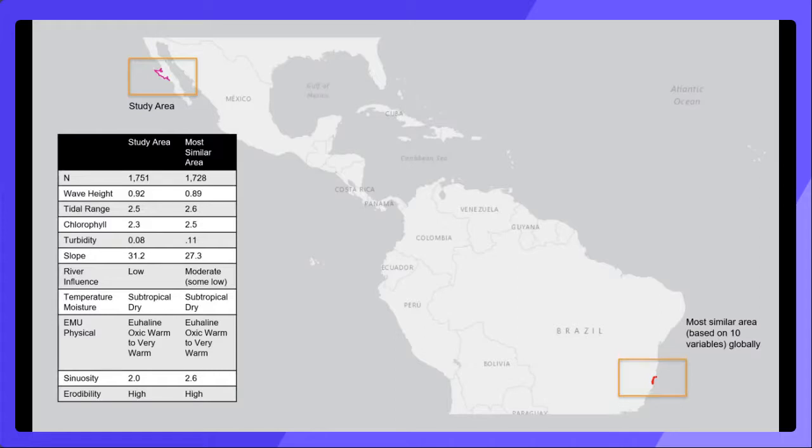This technique identified an area in southern Brazil, and I've summarized the attributes of Vizcaíno in this table in the leftmost column, and for that region that was identified as the most similar region, I've summarized its attributes in the right-hand column here. So I think this is really more than just an interesting data science application.